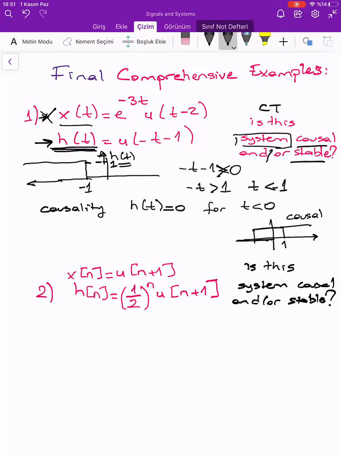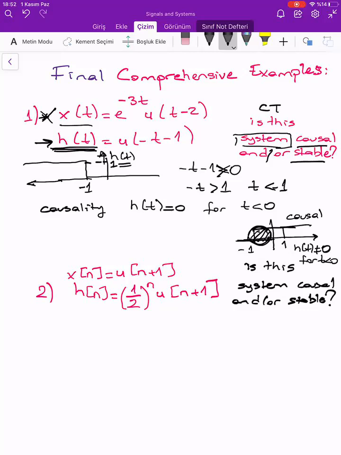If there is such a thing, let's say greater than minus 1, everything is 1, that means in this part, we have non-zero values. That means h of t is not 0 for t less than 0, right? So that means my system should be non-causal if that's the case.